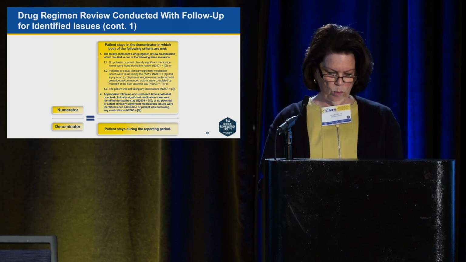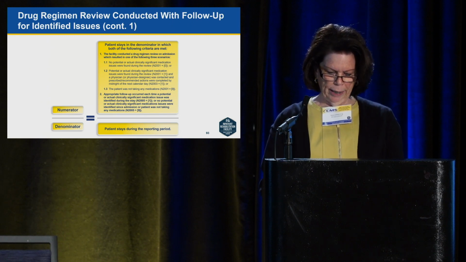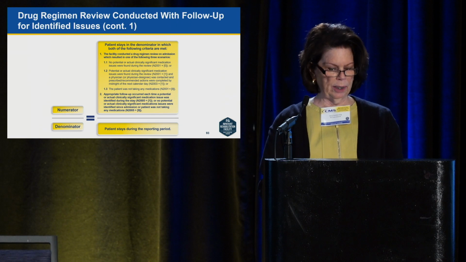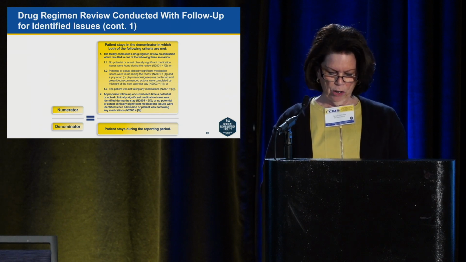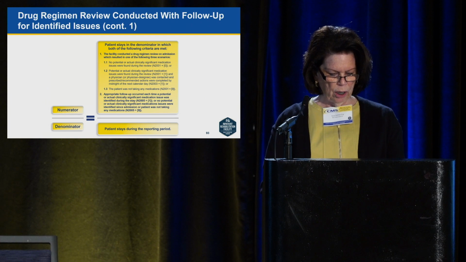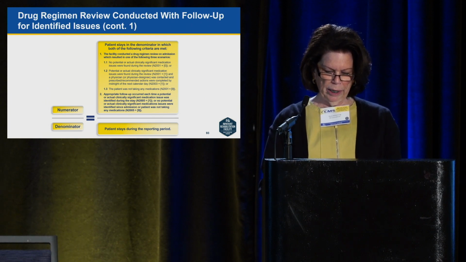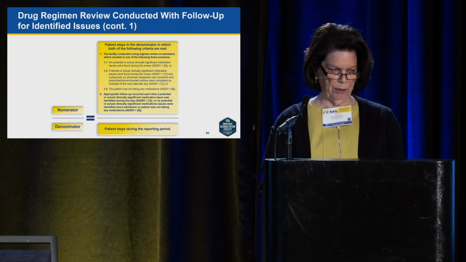The numerator is the upper part of the fraction used to calculate a rate and is a subset of patients in the denominator. For the drug regimen review measure, the numerator includes patient stays in the denominator meeting each of the following two criteria.